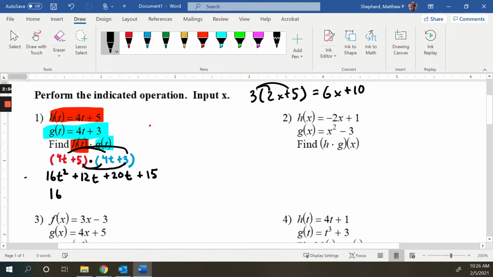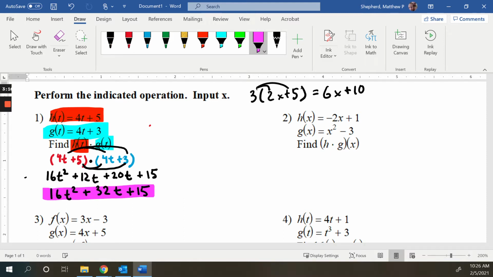So the 16t squared is going to stay separate. However, 12t and 20t, same variable. Both of them are to the power of 1. So we can combine those to create 32t. And then we have the 15. There we are. We're done. We found our final answer. That is h of t times g of t.